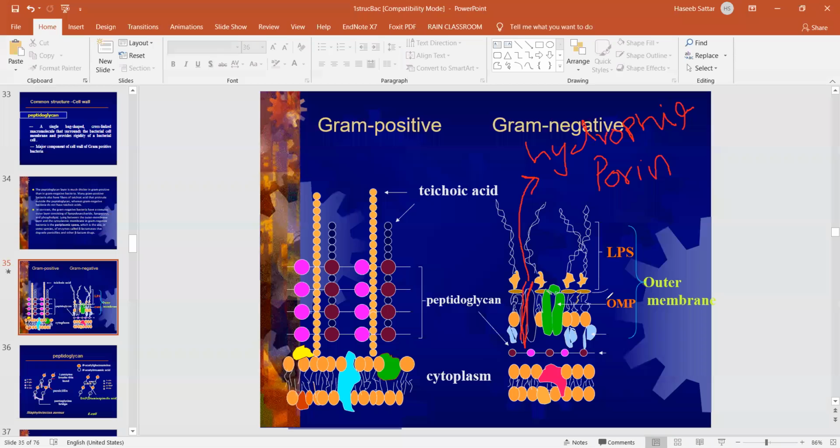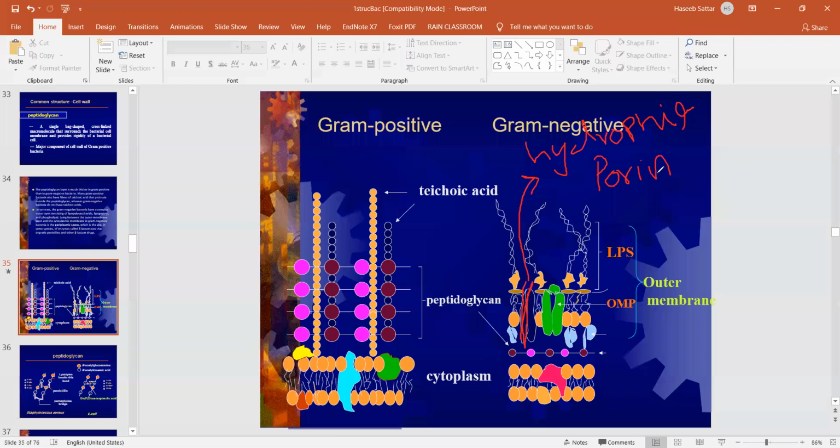Through this porine, water soluble components can enter into the cell. So certain sugar molecules, proteins, amino acids, vitamins, metal ions, or water soluble nutrients can enter into the cell through these channels.